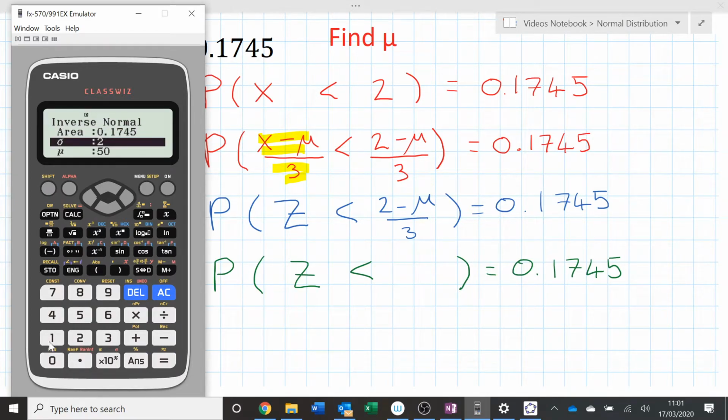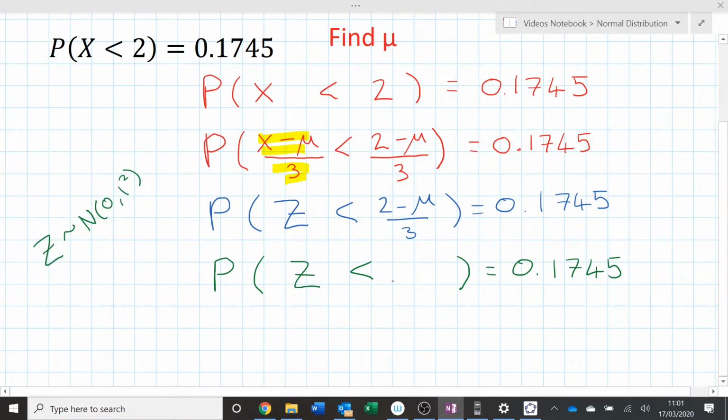My sigma is now 1 because I've scaled it so that it's the standard normal distribution, and my mu is 0, again because I've scaled it to be the standard normal distribution. And I can see that it is minus 0.9365.